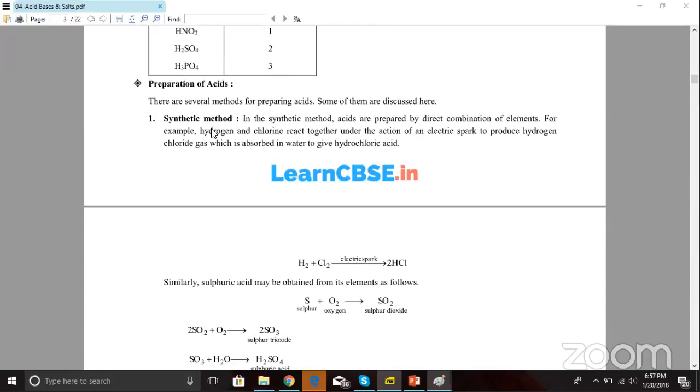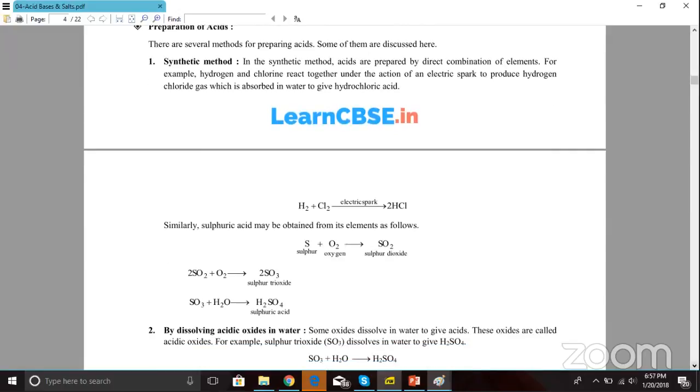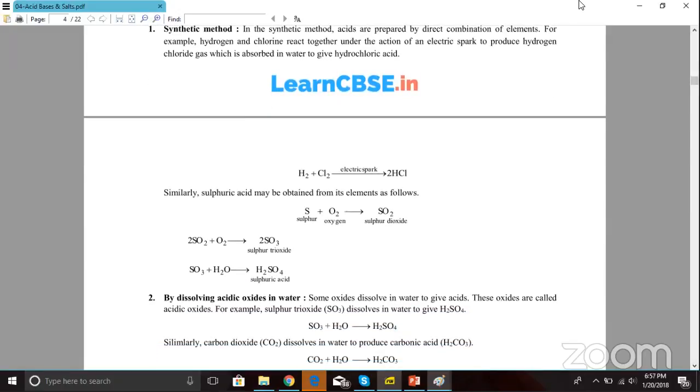Similarly, sulfuric acid may also be obtained from the following elements. The sulfuric acid preparation is sulfur plus oxygen gives sulfur dioxide. We get the sulfur from fossil fuels, where it is present as an impurity associated with the fossil fuels.